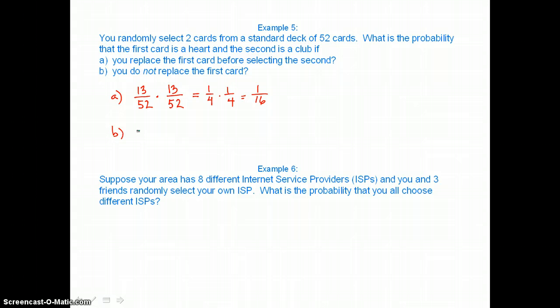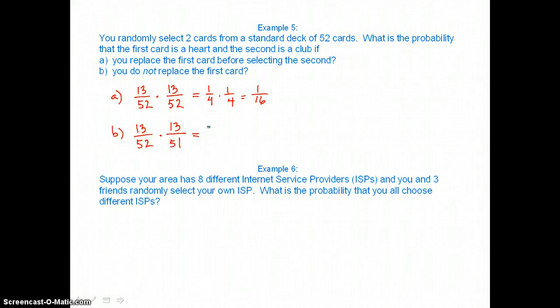Well, now selecting a heart, our successes are 13. There's 13 hearts in this deck of 52. But now we're not going to replace that heart. So our possibilities are now 51. There's 1 card less in that deck. And our successes, since there's 13 clubs, would still be 13.